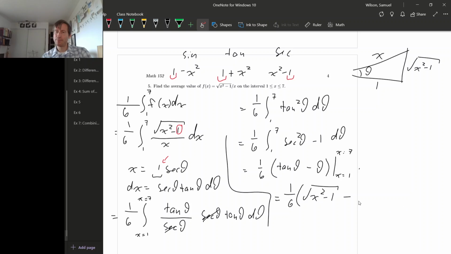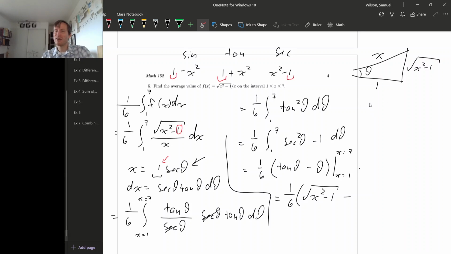So we could use inverse secant, but inverse secant is a little bit troublesome because A, it's unfamiliar, B, if we go to get a decimal approximation for this value, most calculators don't have an inverse secant button, so let's use cosine instead. Right?